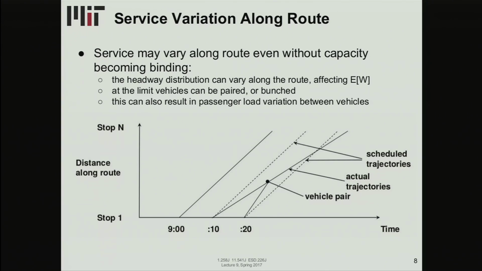If we observe, let's say that the driver of the bus that departed at 9:10 is a slow driver. So that driver drives slowly, so therefore more time passes covering the same space, right? And then let's say that the 9:20 driver is a fast driver. So that driver covers more distance in less time. And they bunch. They meet somewhere before they reach the end of the route.